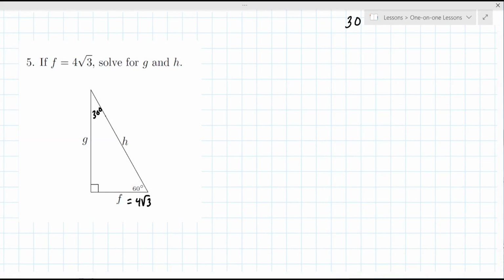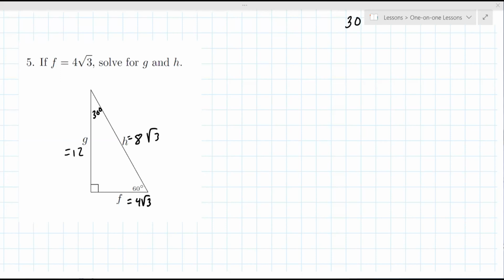Okay, I got 12 for g and 8 root 3 for h. Perfect. Excellent.